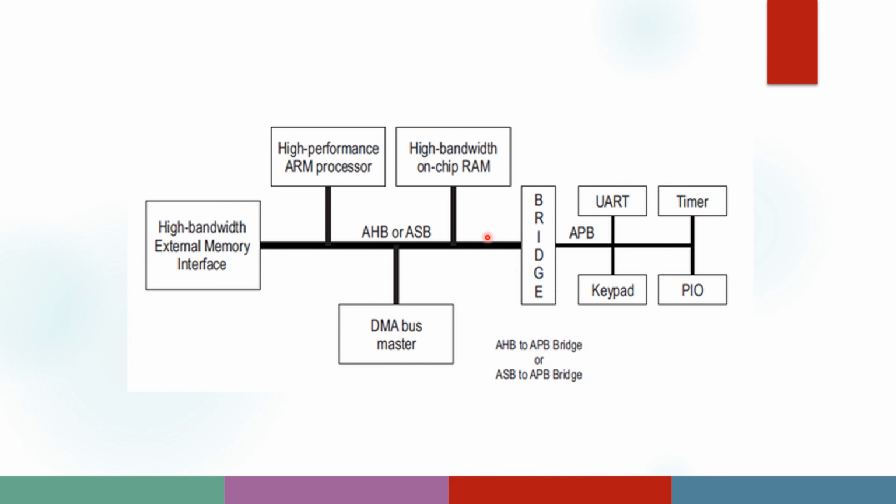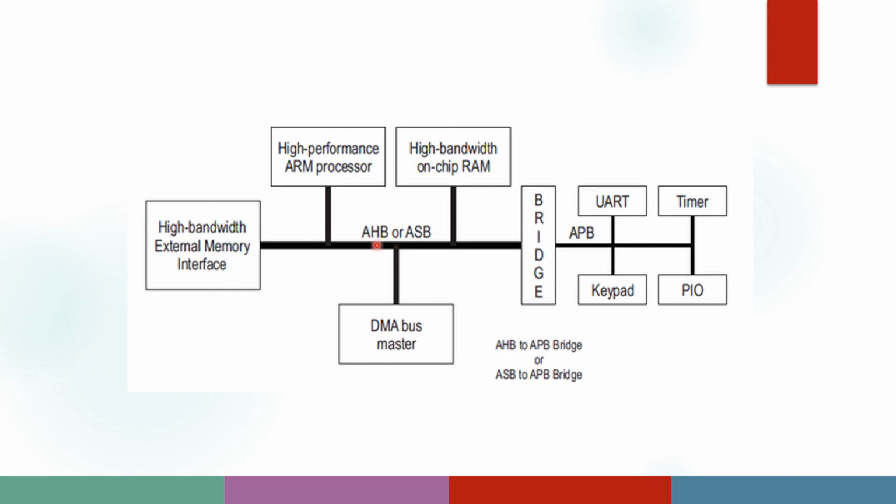But there we are interconnecting, for example, our main ARM processor, or our on-chip RAM memory, or our DMA, that is direct memory access, where we require high bandwidth. So all these are interconnections of very important devices, so we require a high performance bus.